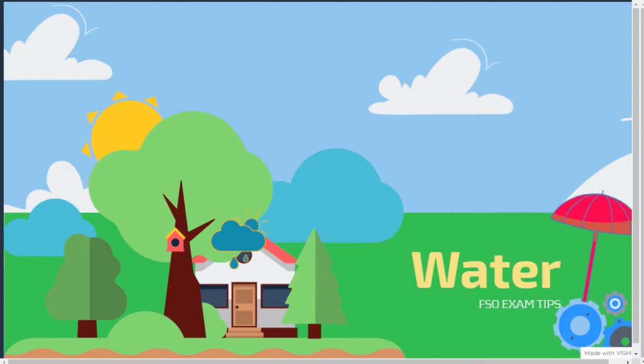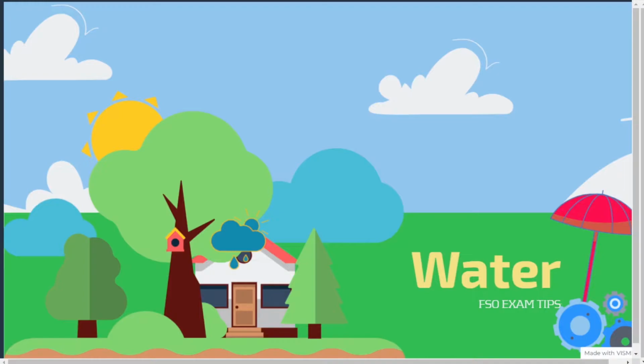Salt water constitutes about 96.5% of total global water. And talking about fresh water, 30% of fresh water is present in groundwater. So groundwater is a huge source of fresh water.